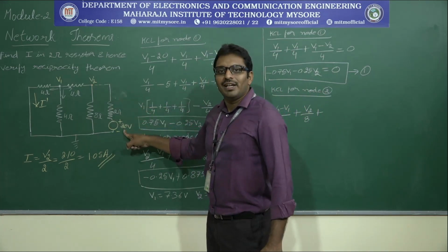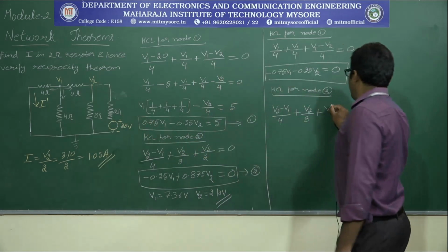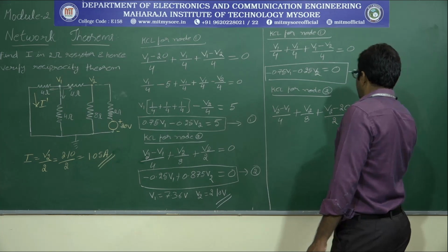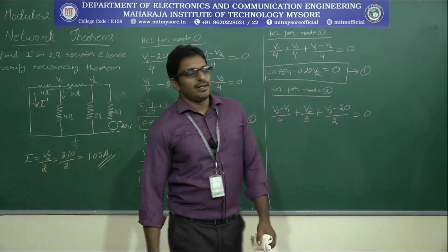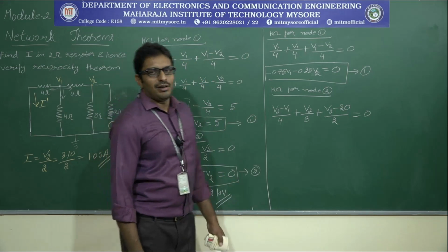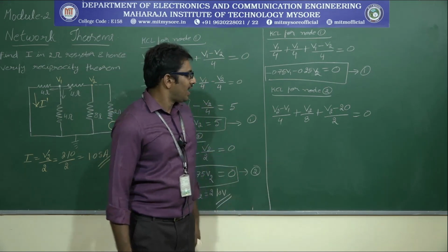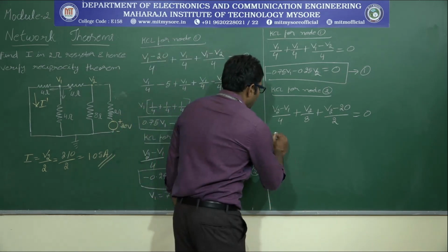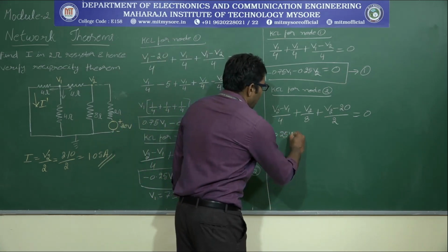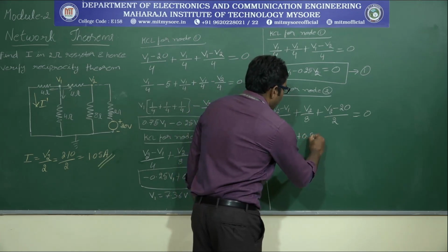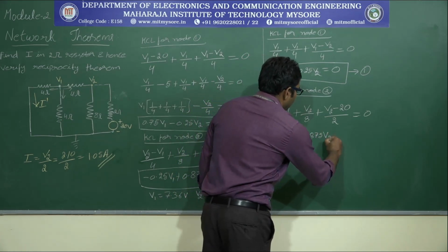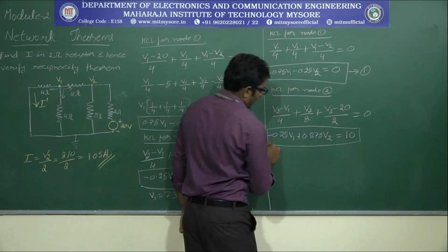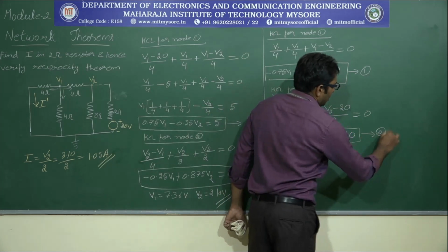V2 minus 20 divided by 2, that is equal to 0. Is it clear? Just split all the factors and take the LCM, or use your calculator and simplify. You will get minus 0.25 V1 plus 0.875 V2 equal to 10. Call it equation number 2.